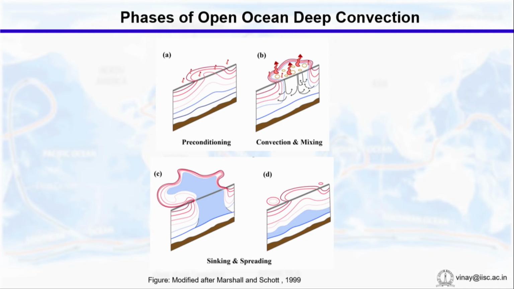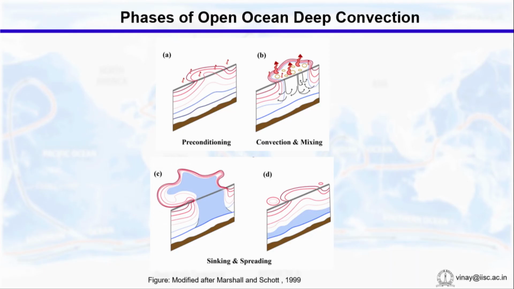The water column has to be preconditioned at first. The preconditioning happens by Ekman suction. Ekman suction is caused by a positive wind stress curl. A positive wind stress curl lifts the pycnocline in the ocean upward.